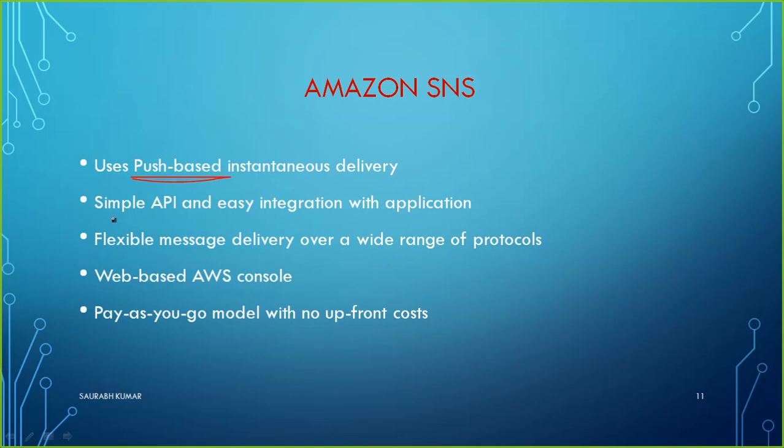Next point is that it has a simple API and easy integration with any application. Whatever application you want to integrate with, it is possible and very easy. It provides flexible message delivery over a wide range of protocols. We have already seen some protocol examples there: SQS, HTTP, HTTPS, Lambda, email, SMS, and so on.